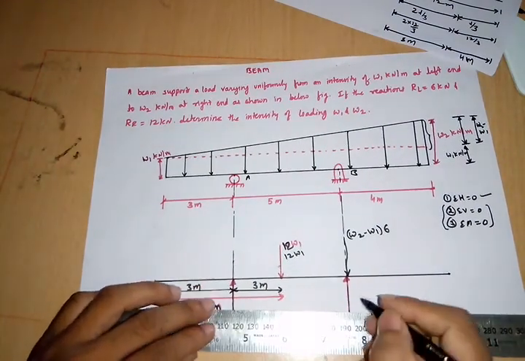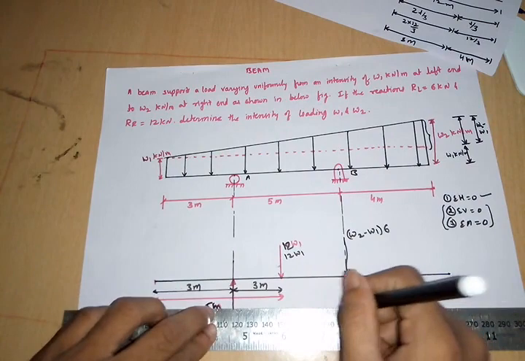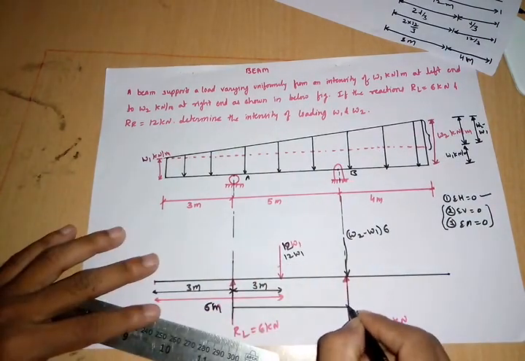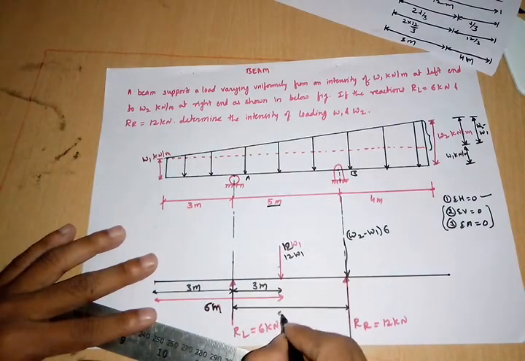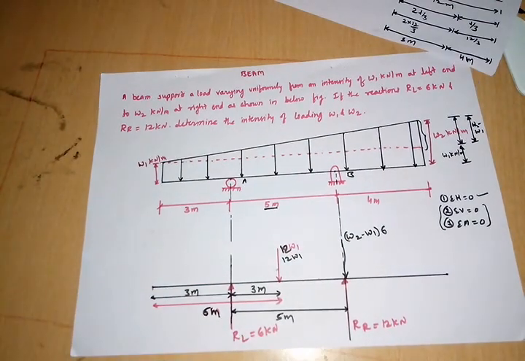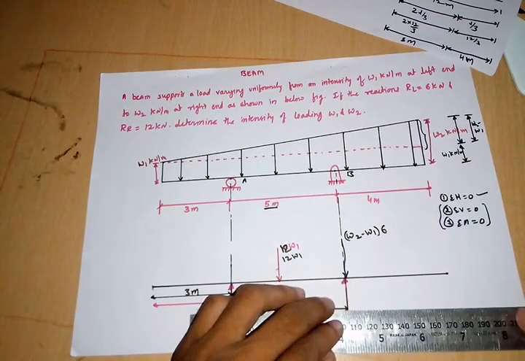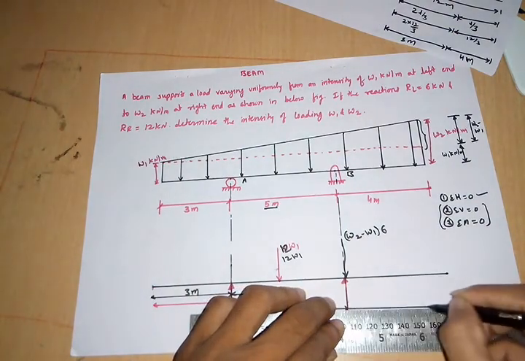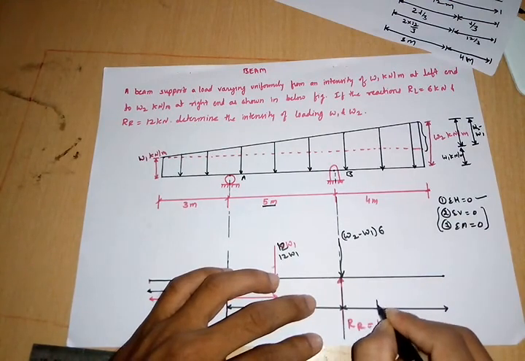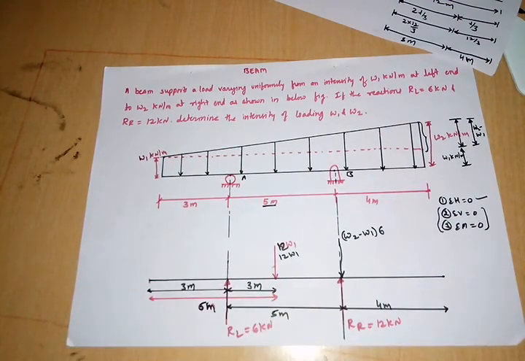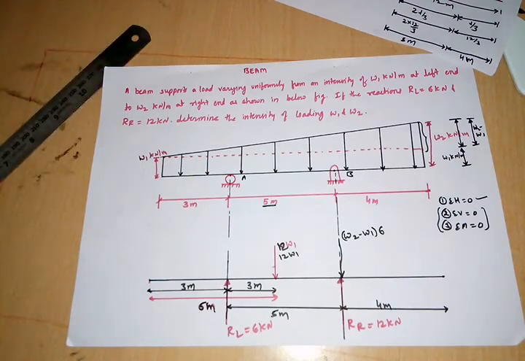And the distance between these two supports is already given, it is 5 meter. And the distance of the overhang beam is 4 meter, already given in the question. So this is the free body diagram of the given figure.